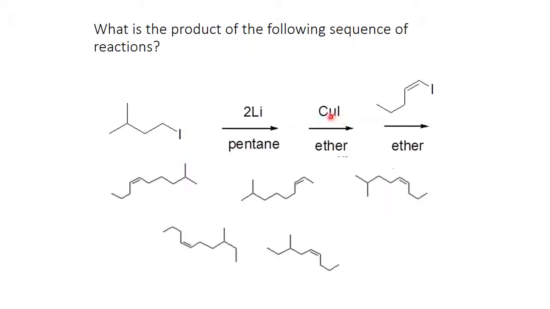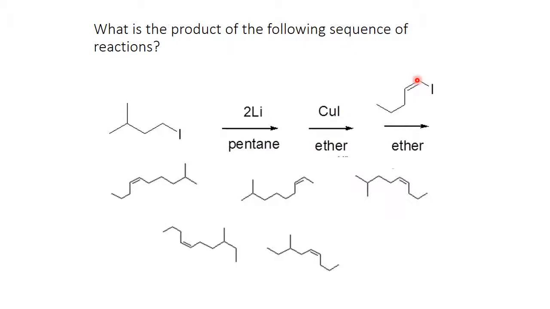Then if I mix that with copper iodide, we get the Gilman reagent because the 2 alkyl groups will be attached to the copper, and it'll be a copper lithium compound. Then if we take the Gilman reagent and put it in contact with an alkyl halide, you get a coupling reaction. So this carbon is going to end up being attached to this carbon.